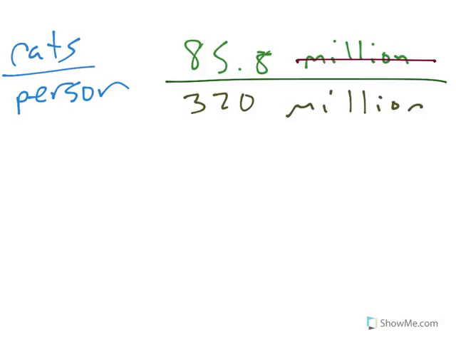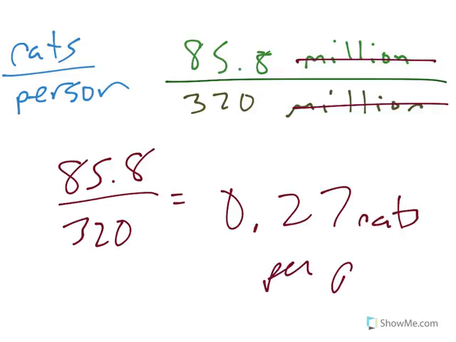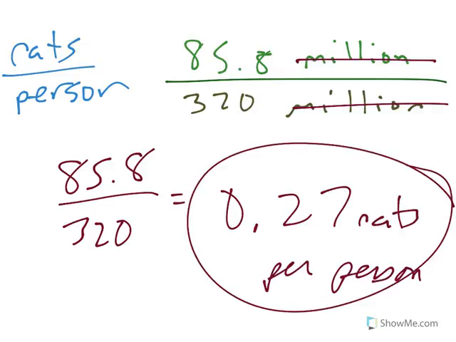Again, that's a lot of cats. If we take out those millions, we're really dealing with 85.8 divided by 320, and I get 0.27 cats per person. So slightly higher than the number of dogs per person. And that is your per capita skills practice.